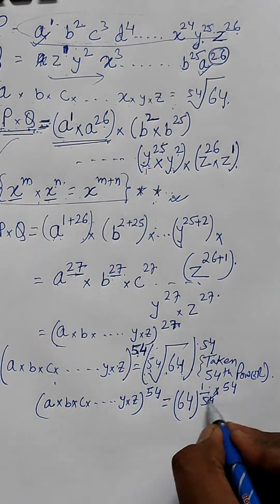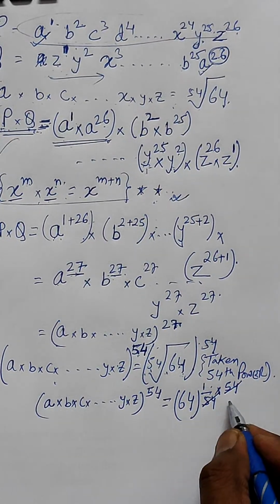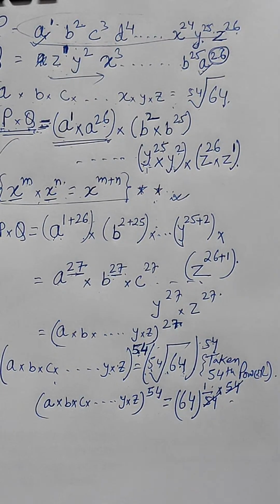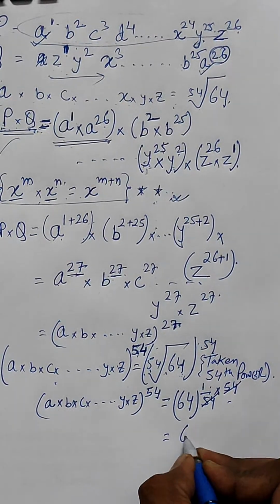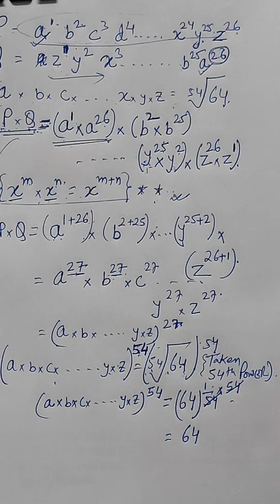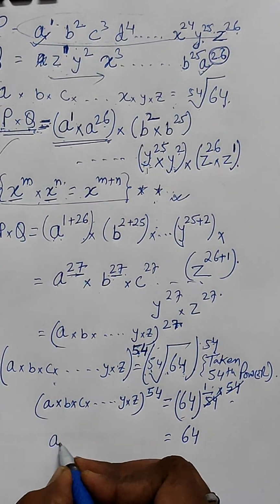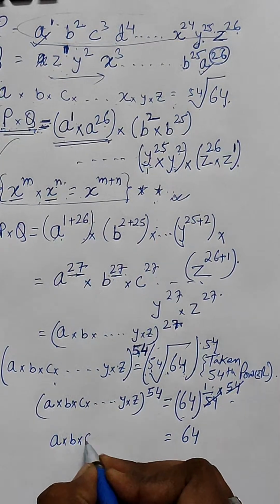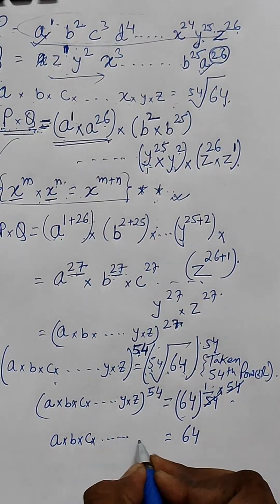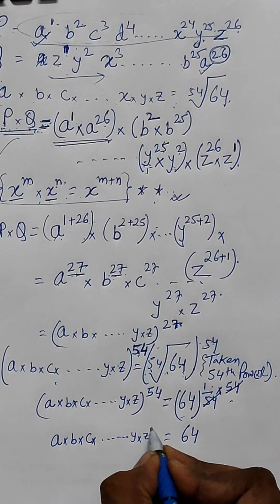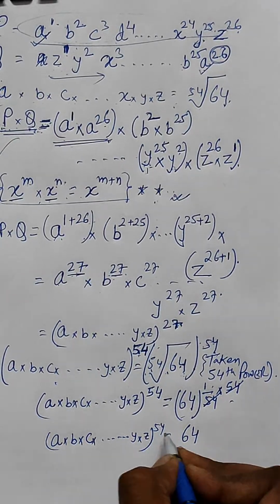Now these 54 and 54 will be cancelled in the exponent of the RHS, right? So we will have 64 on the RHS, and on the LHS we have a cross b cross c cross till y and z power 54.